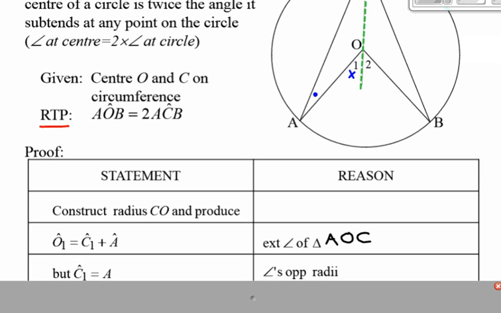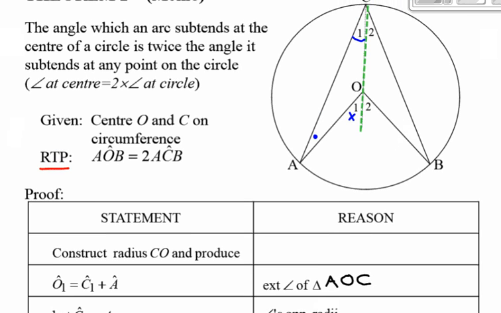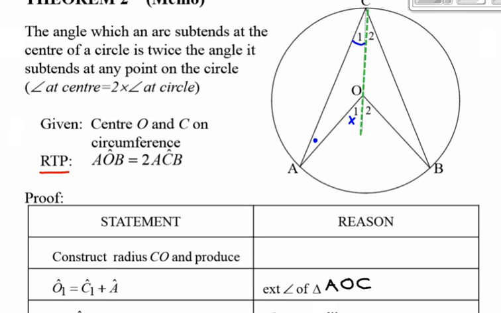Then, but hang on a second, C1 is in fact equal to A. Because if you have a look at triangle COA, CO and OA are radii, which means that they are equal in length. So it means that guy and that guy are equal in length, which makes that an isosceles triangle.